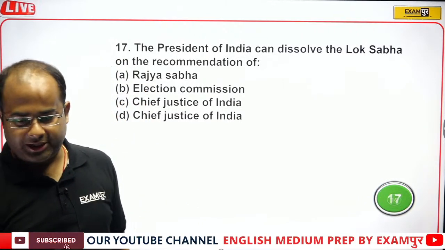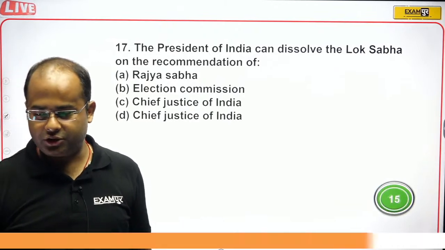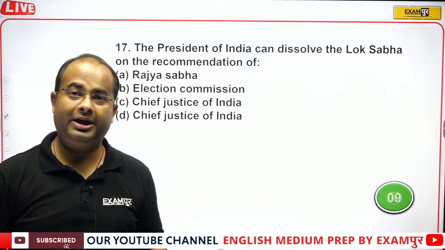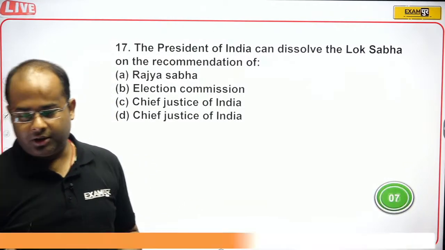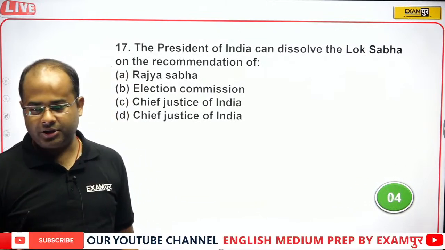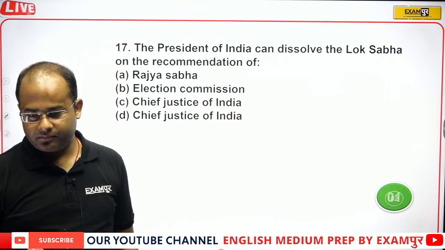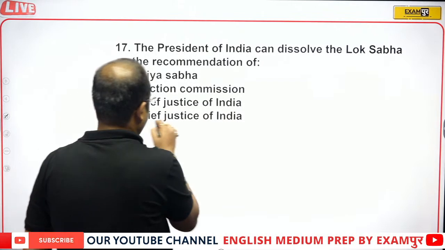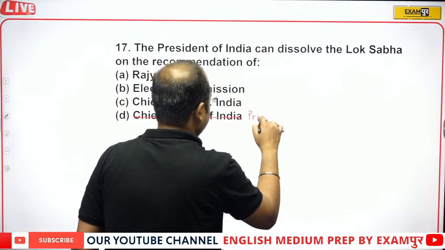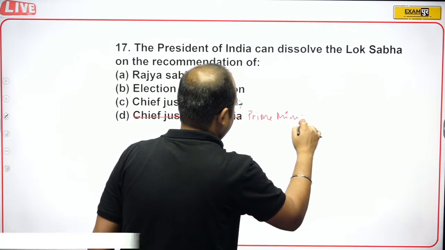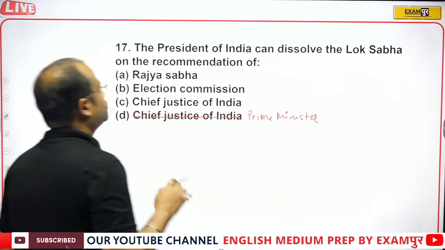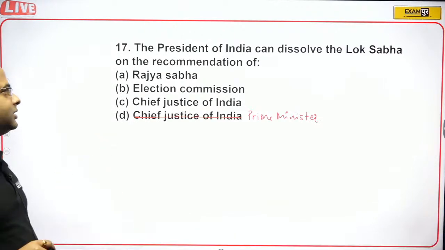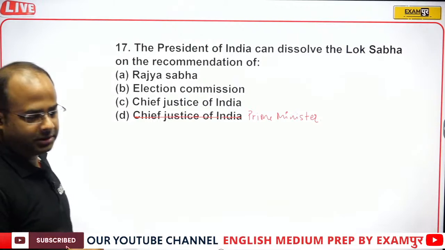Okay, now come to the next question. The President of India can dissolve Lok Sabha on recommendation of Rajya Sabha, Election Commission, Chief Justice of India or Prime Minister of India.